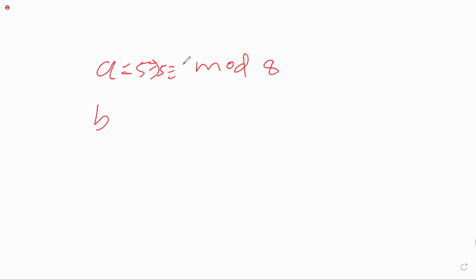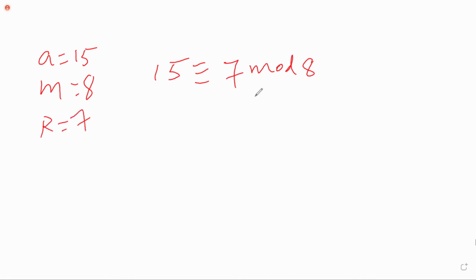I'm going to take the a value as 15 and the m value as 8. And I'm writing a is congruent to R mod m. So 15 is congruent to R mod 8. The capital R value will be 7, isn't it? 7 mod 8 is 7 and 15 mod 8 is also 7.